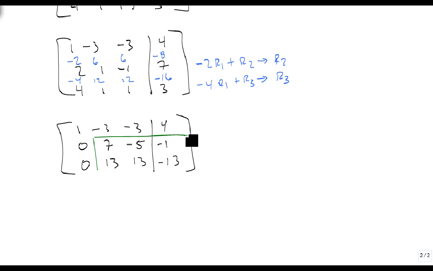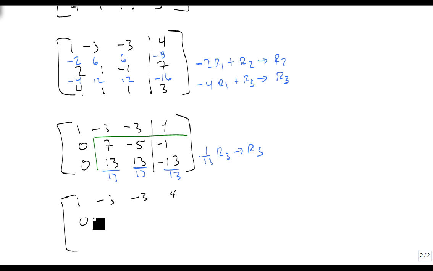But I don't have a 1 to put here yet. However, look at the third row. What happens if I take the third row and multiply it by 1 over 13 and store that in the third row? So we divide by 13, 13, and 13. Now we get 1, minus 3, minus 3, 4; 0, 7, minus 5, minus 1; and 0, 1, 1, minus 1.